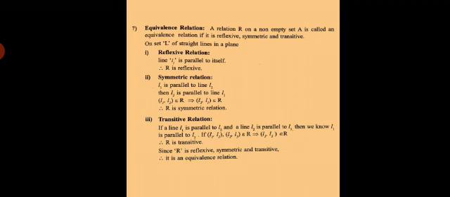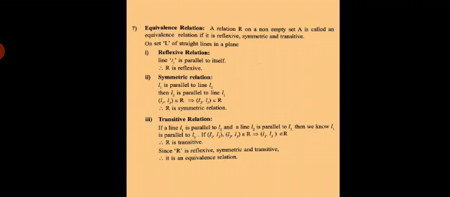And for transitive, if a line L1 is parallel to L2 and L2 is parallel to L3, then obviously L1 is parallel to L3. So, it will be written like this: (L1, L2) in one ordered pair, (L2, L3) belongs to relation R, which implies (L1, L3) belongs to R. Therefore, R is transitive.